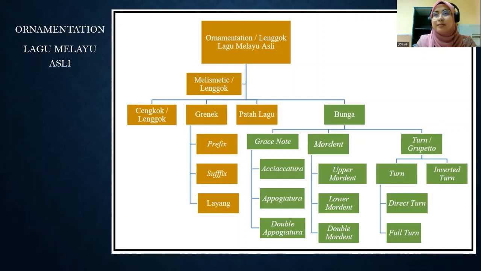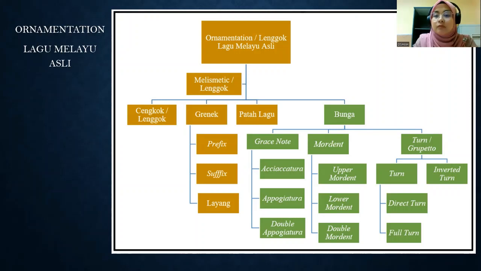So lenggok is a very wide term that is being used, but it is unknown for sure what the specific lenggok is, whether it is ornamentation, or melismatic, or cengkok. So I will put lenggok in several places, where sometimes it is used as ornamentation, or also cengkok, also in melismatic.